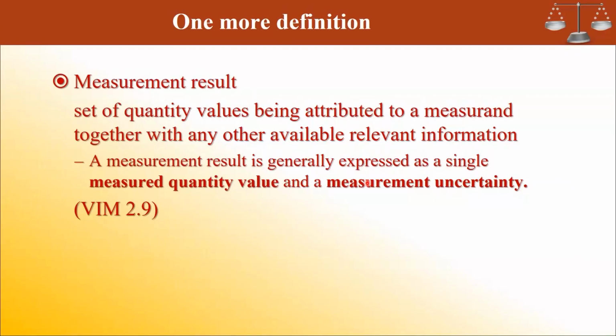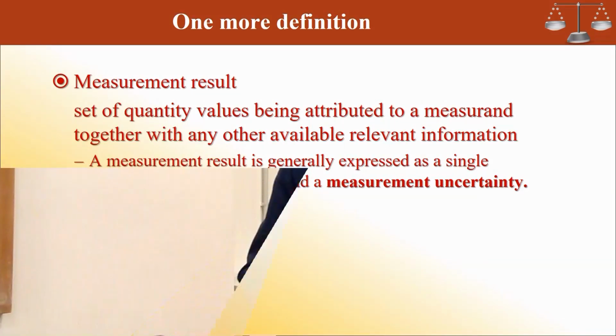In general, you can see here on the slide, the vocabulary states that in general a measurement result can be expressed as a single measured quantity value and a measurement uncertainty. So this is the other keyword.